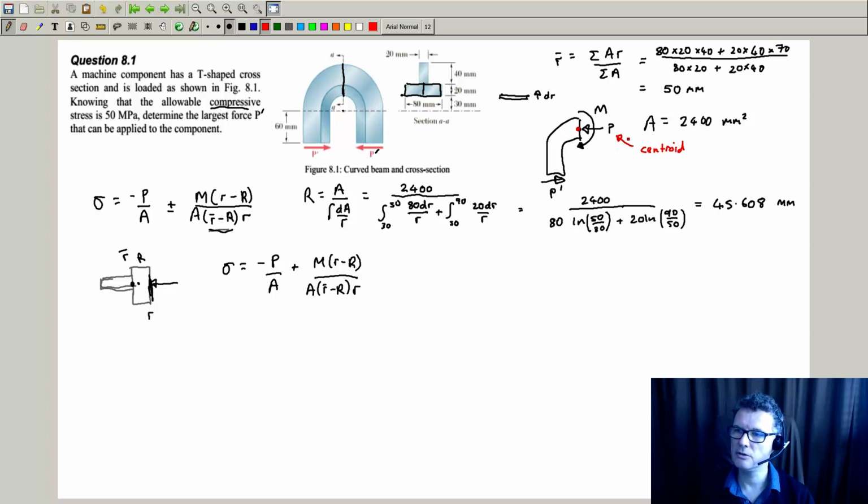So my internal force here is going down the centroid, so as not to create any more turning moment, and then that internal turning moment will be based around that location. So where is that in terms of my diagram? That's at 50 from here. So that's at this point here.